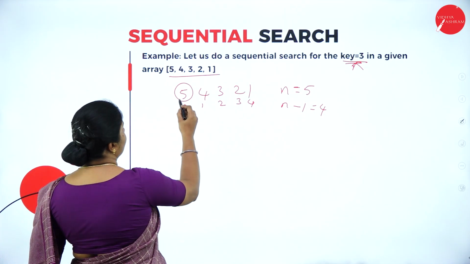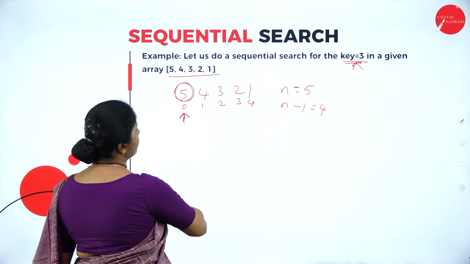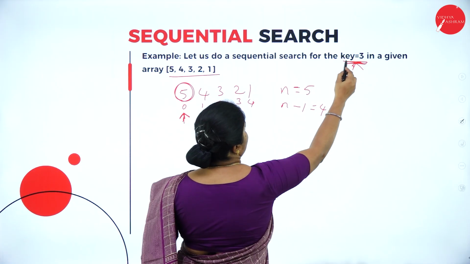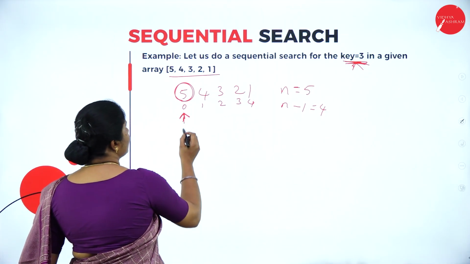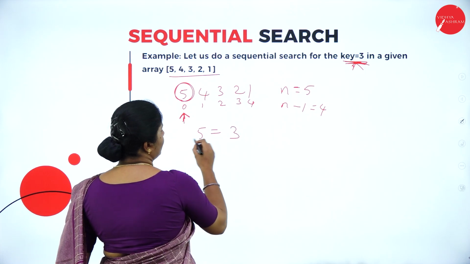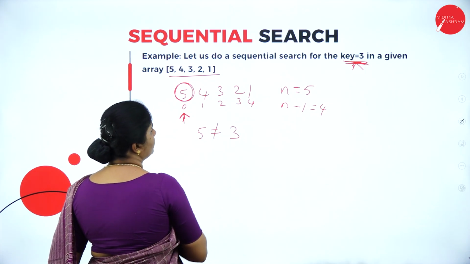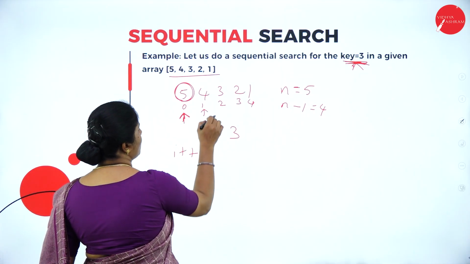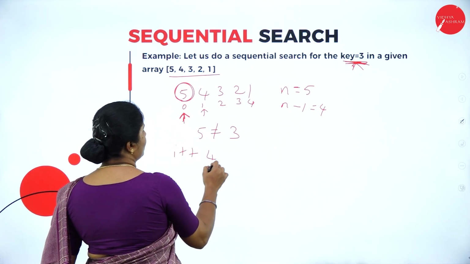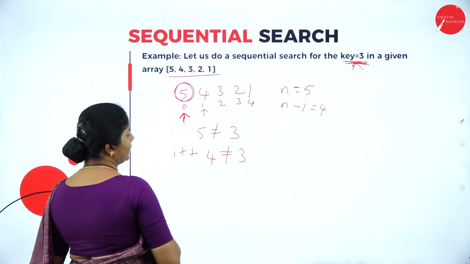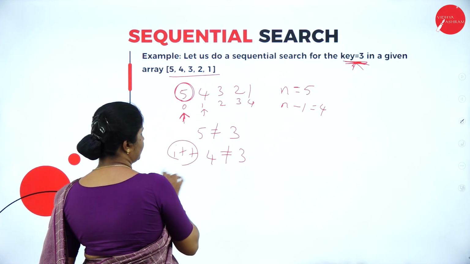The first element in the given array is 5 and I need to search for the key. What is the key value? 3. Then compare. Is 5 equal to 3? No, 5 is not equal to 3. Then i plus plus, and i becomes 1. It checks, is 4 equal to 3? No. Then again i plus plus.